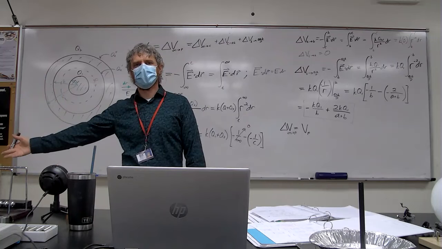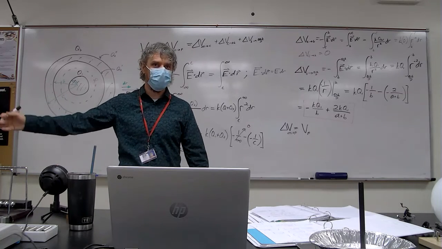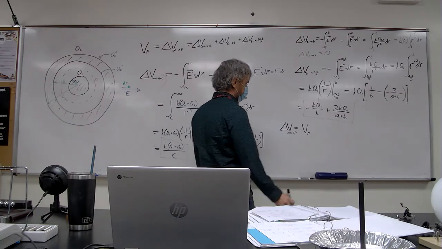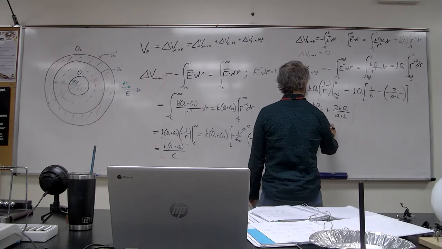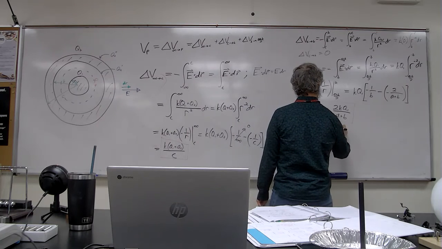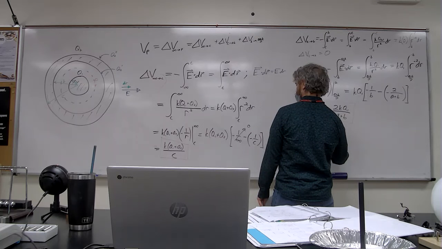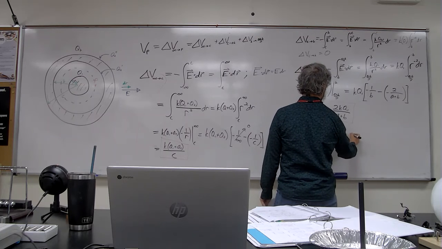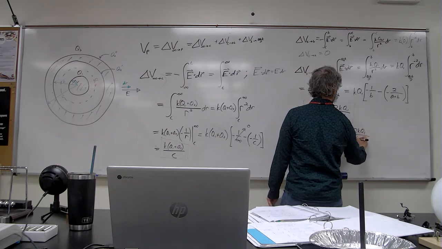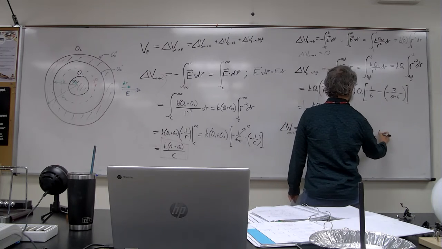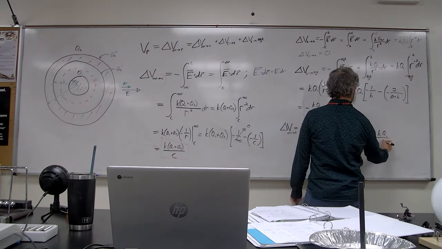Because the potential at infinity is 0, then you can just call it the potential. That's going to be, and I just add these together. K times Q1 plus Q2 over C plus 2K Q1 over A plus B minus K Q1 over B.